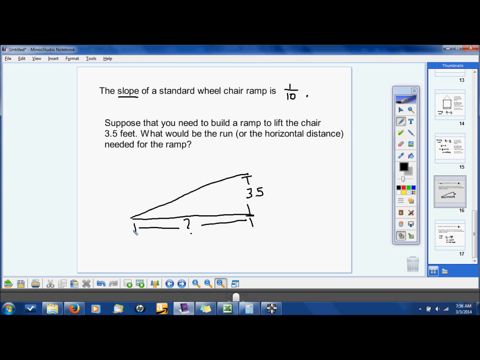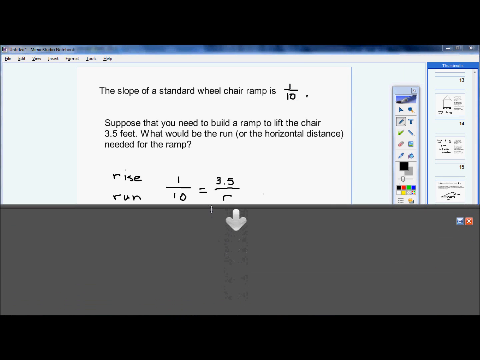So we're looking for the run if we know the rise. Another fair question would be how high will you be able to get the person lifted if you know how long it is, what the run is. So this is the rise of that ramp, and this is the run of that ramp. Rise over run, 1/10. So we set up our equation like this.